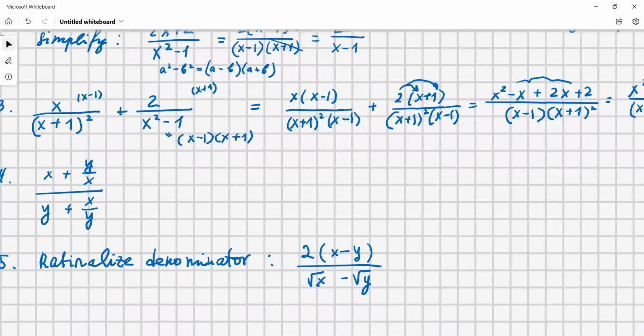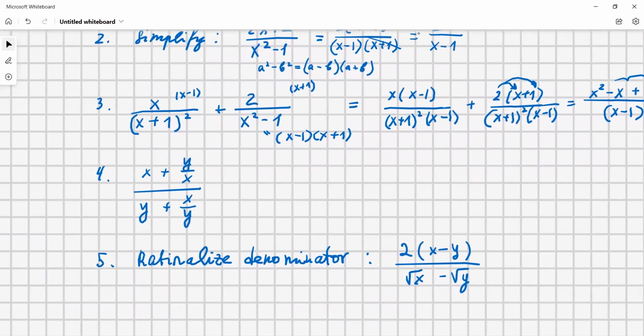So now we are going to move to a complex fraction, compound fraction, and try to simplify it. Again, the first step is to bring each numerator and denominator to one fraction. So here for numerator, the common denominator is x. I'm going to multiply this x by one more x and have common denominator x.